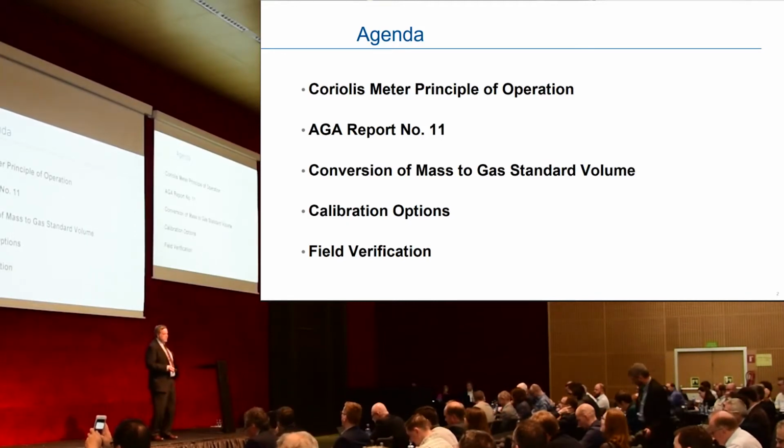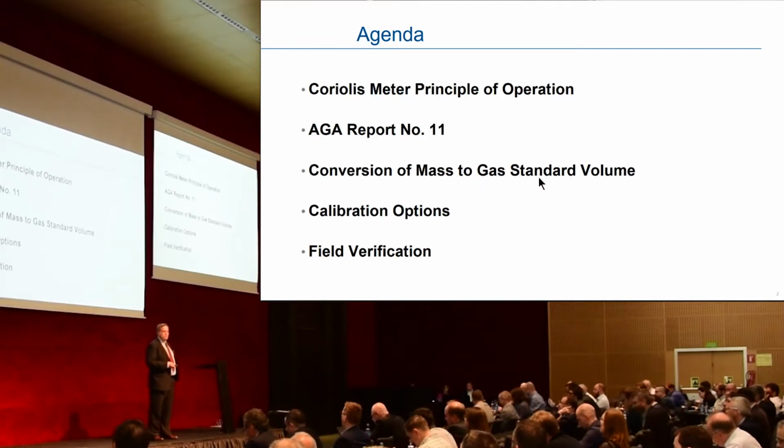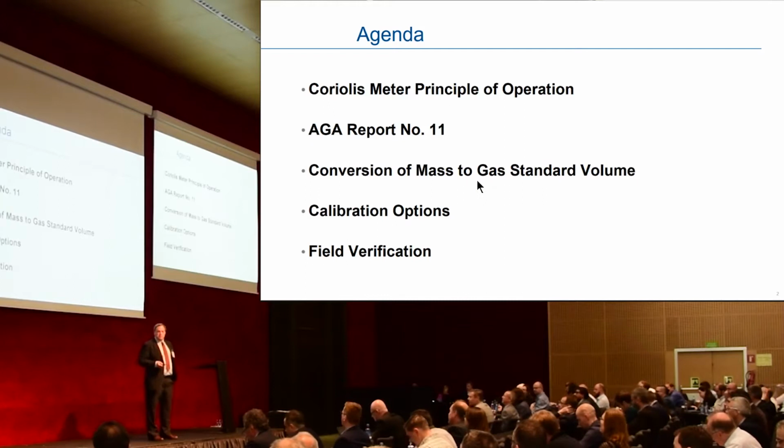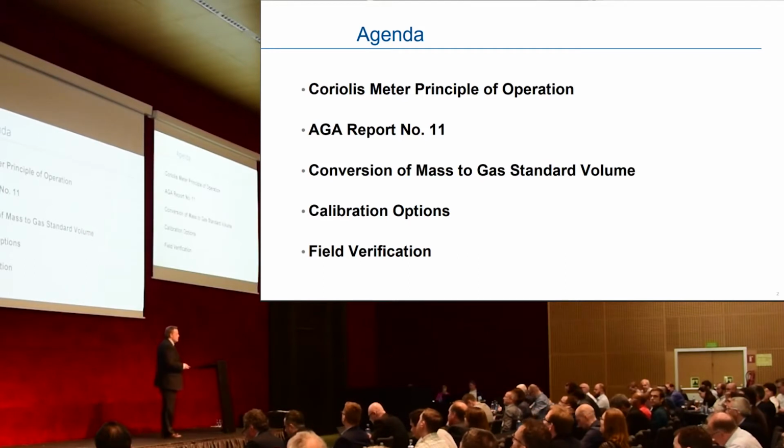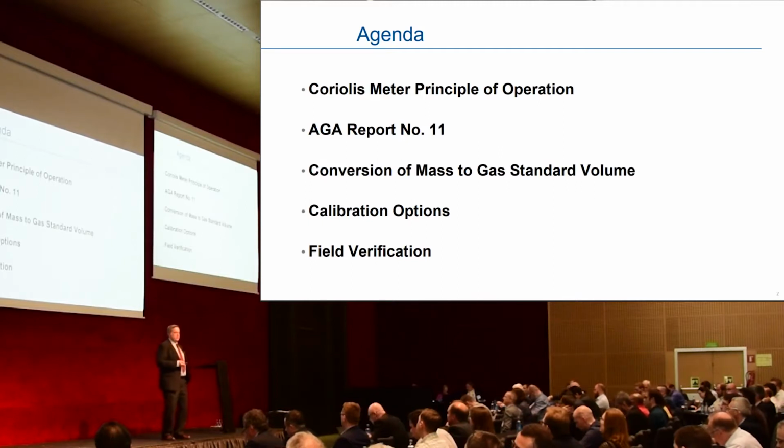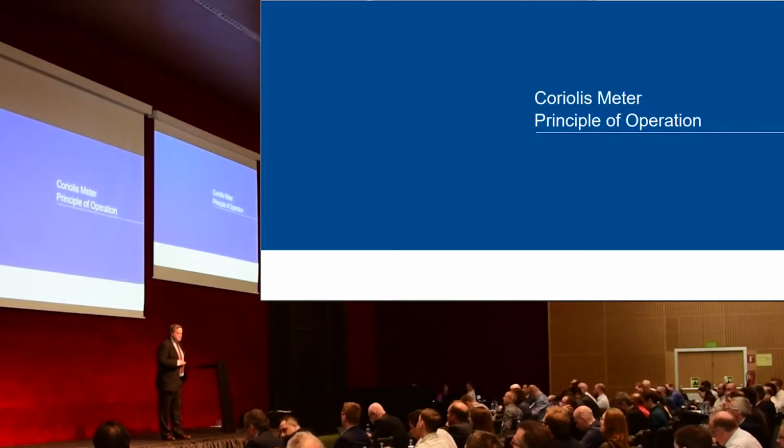We'll talk about how to calculate standard volume from mass, because as many people know, Coriolis meters measure gas and liquid in mass units directly, so how can you get to the standard volume from that? And then finally, we'll get to the main heart of the subject, which is the options that are available with the Coriolis meters, and then we'll finish up with a brief discussion about verification in the field.